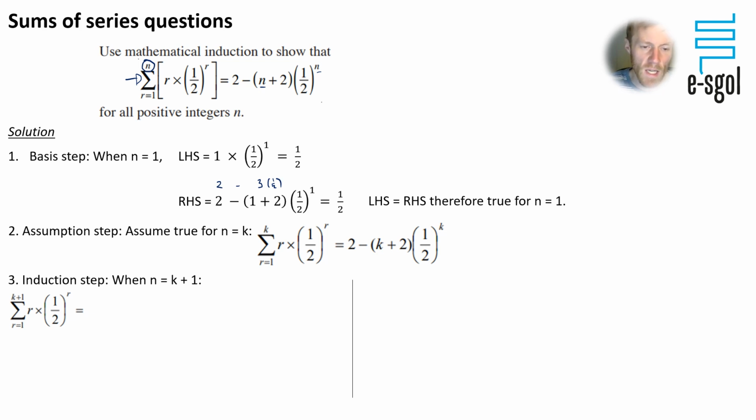So when n is k plus 1, we've changed here for k plus 1, and we know that when we just have it as a k, this is what we get coming out: 2 minus k plus 2 times a half to the power of k.